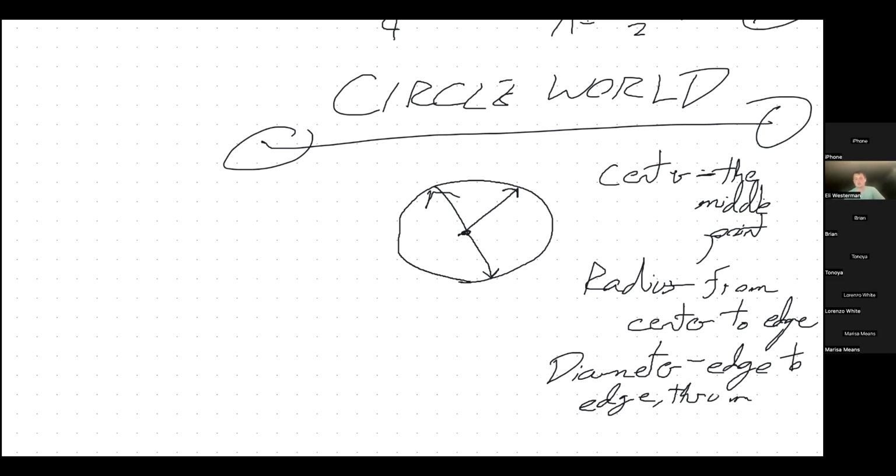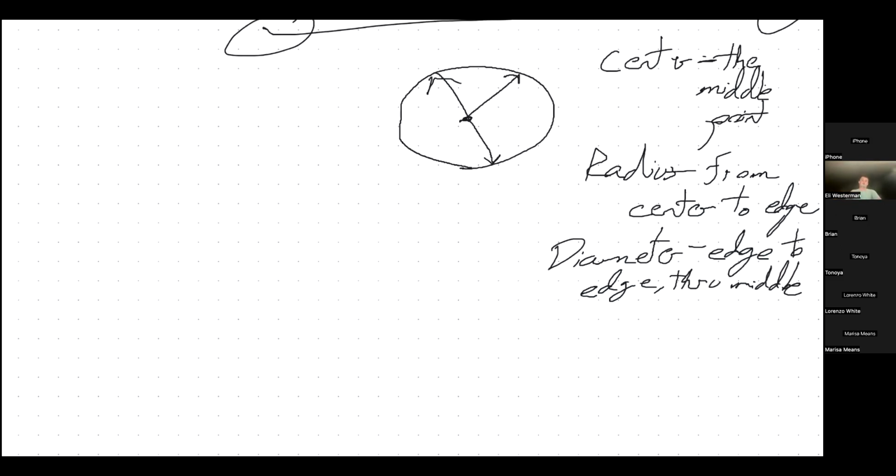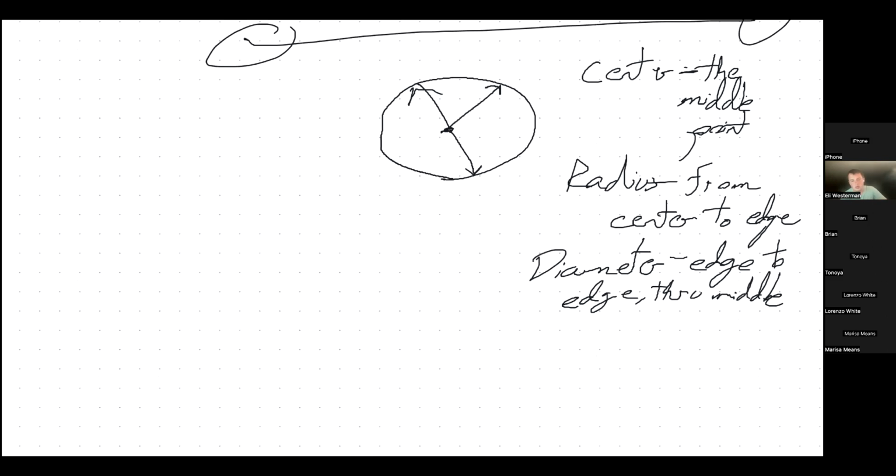So it's going from one edge to the other through the middle. Now 2 times the radius equals diameter. That's always going to be the case, and you're going to be able to use that to solve some problems. 2 times the radius is equal to the diameter.